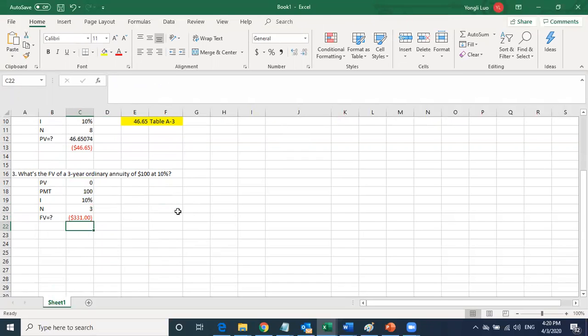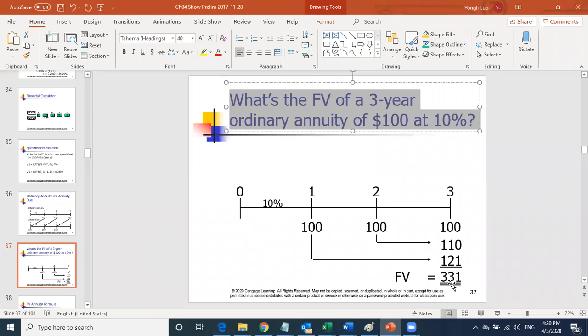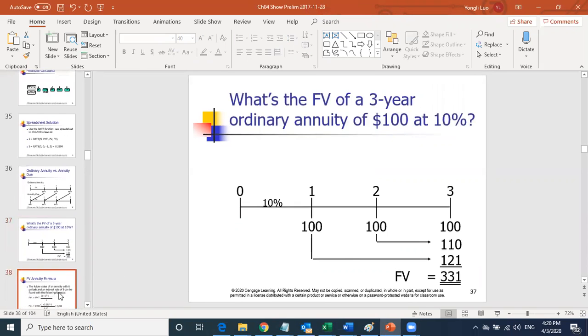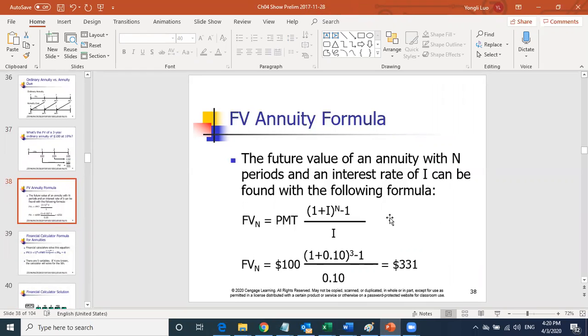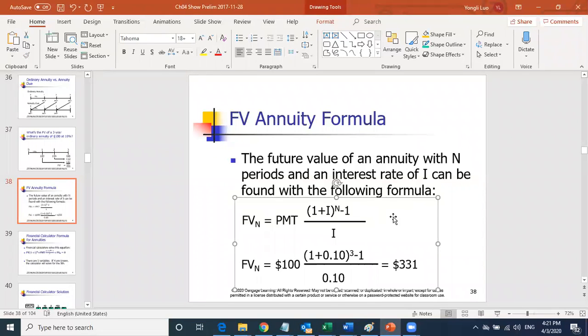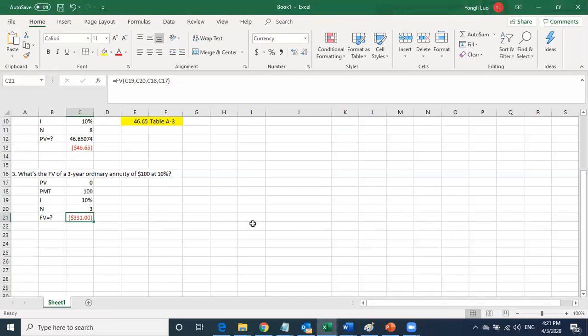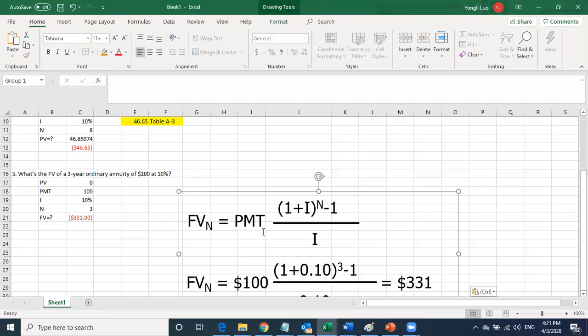That's your future value: $331. Got it? Or you can do this using the formula. I didn't do this here, but you can check that. I'll skip it, but you can use the formula and you get the same result.